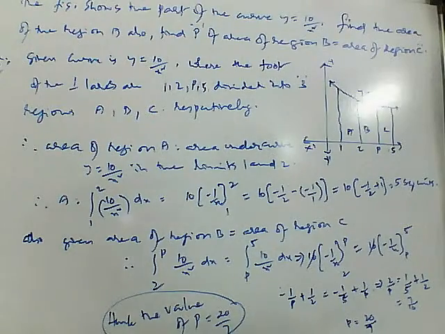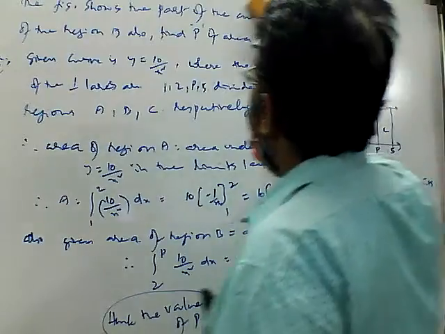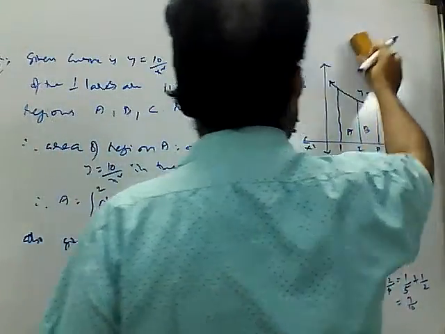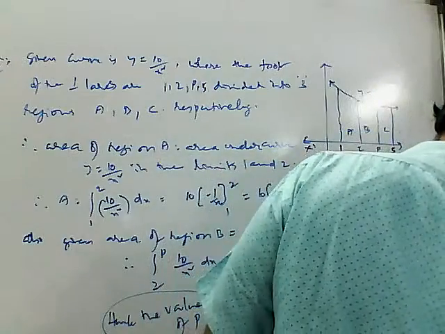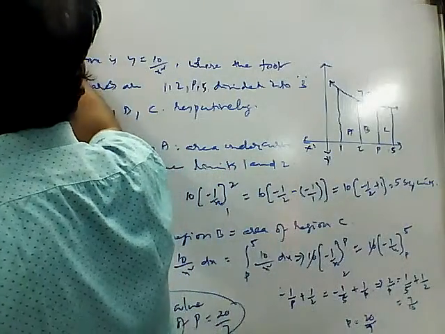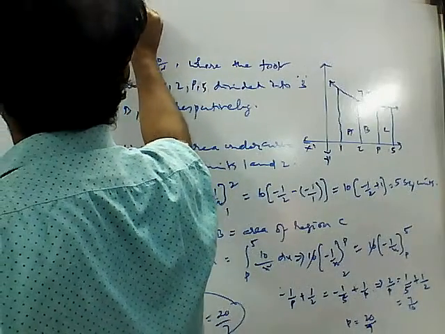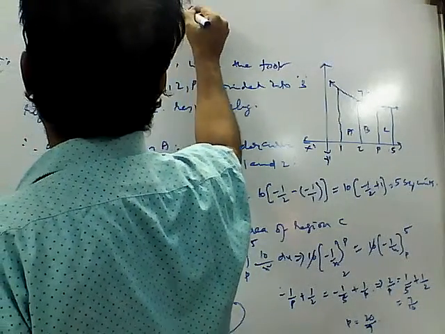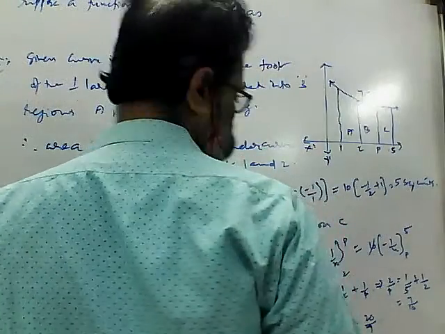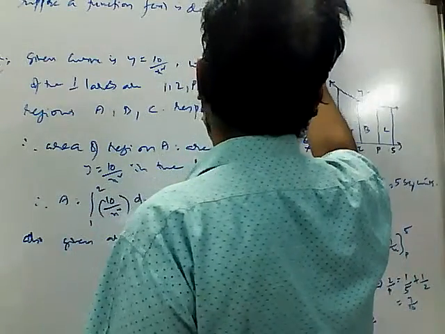So this is very analytical. We'll go for the next question. Suppose a function f of x is defined as f of x is equal to 1 minus 2 sin square x.